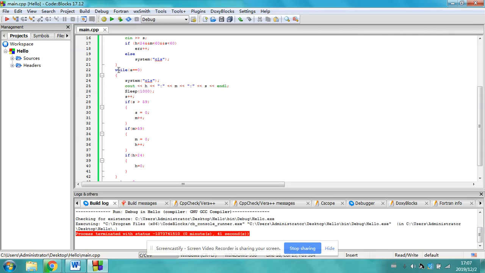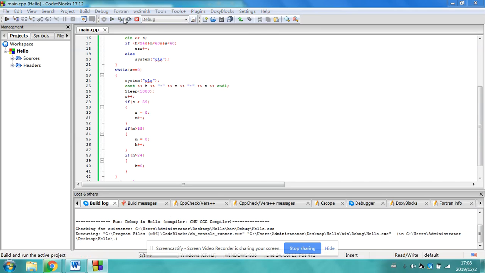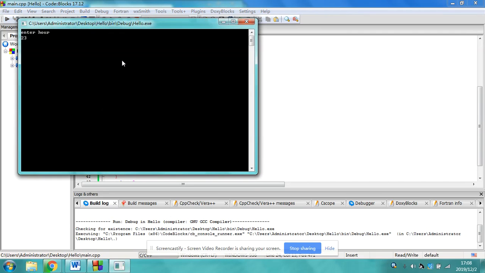That's what I think. All right, while A equals 0, I have no idea what A is for so far, but since we have set it to 0 in the beginning, this program will run because we haven't changed it anywhere. All right, so the system clears. If you pay attention to this, if I enter 11 o'clock, 59 minutes and 3 seconds, notice how all the content just cleared, right?